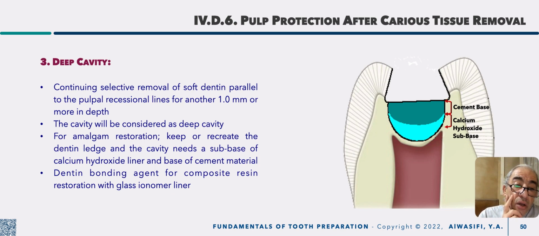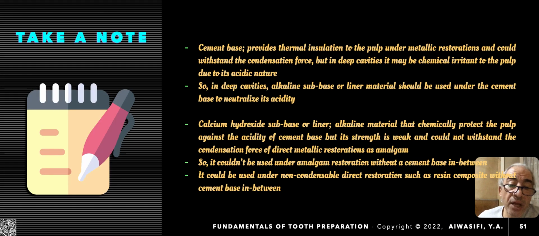Most of you may ask, then is calcium hydroxide more effective than zinc phosphate? Absolutely not. Calcium hydroxide could protect the pulp chemically, but could not protect the pulp against mechanical and thermal irritation.